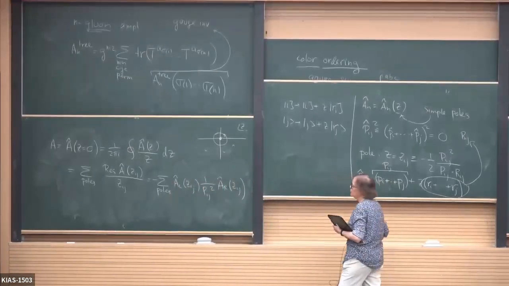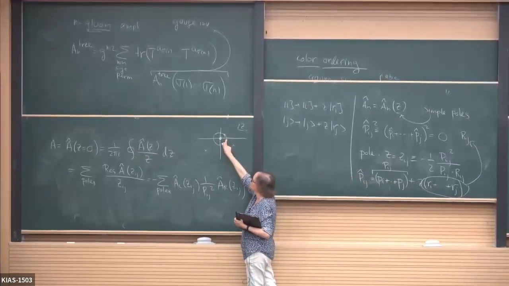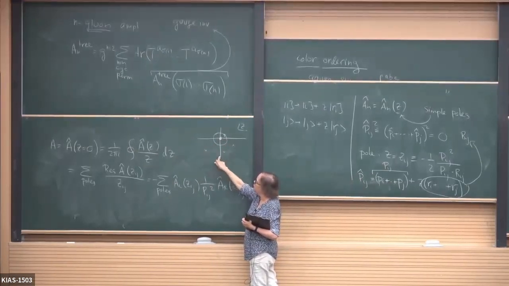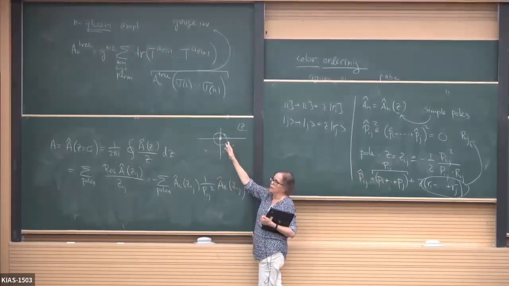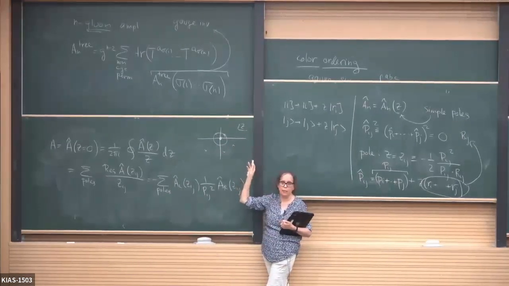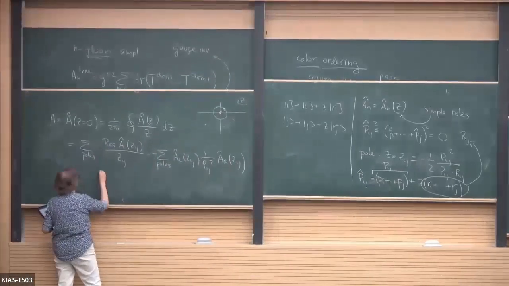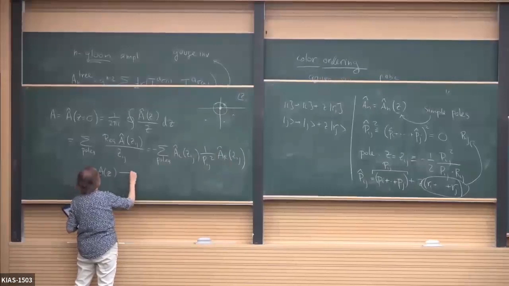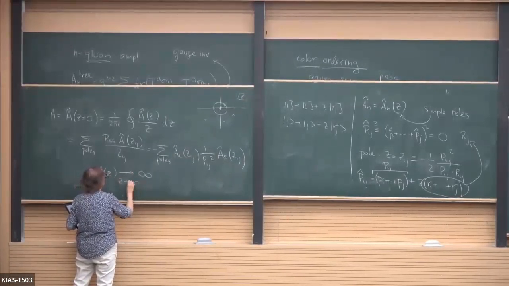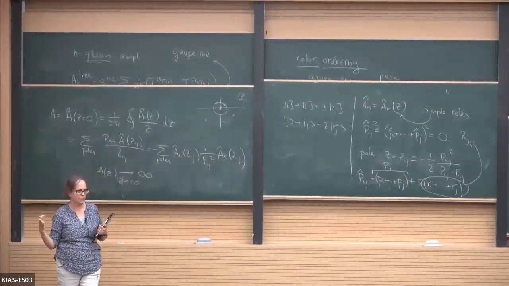There is one important thing that we assumed here. Remember, we have to deform the contour from here to include all these poles over here. So we also had to close some of the contour at infinity. So what we're really assuming here is that A(z) goes to zero fast enough when z goes to infinity. So the amplitude needs to be well behaved at infinity.